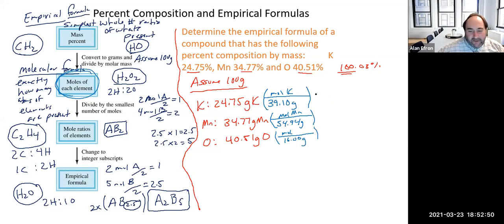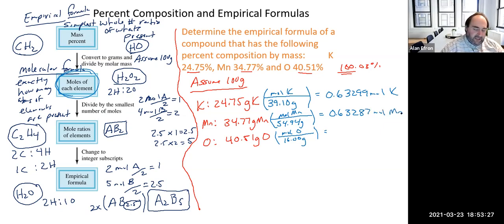So we're just going to convert all these guys into moles. And if we do that for our potassium, we end up with 0.63299. For our Mn, we end up with 0.63287.